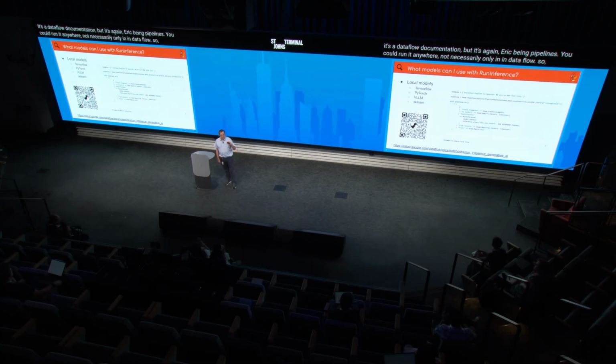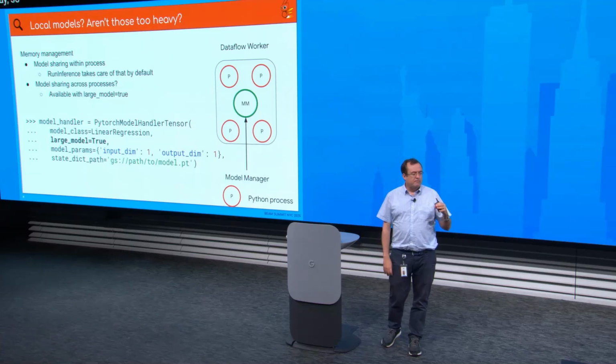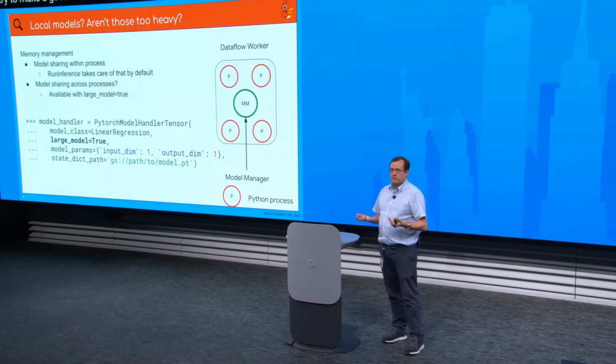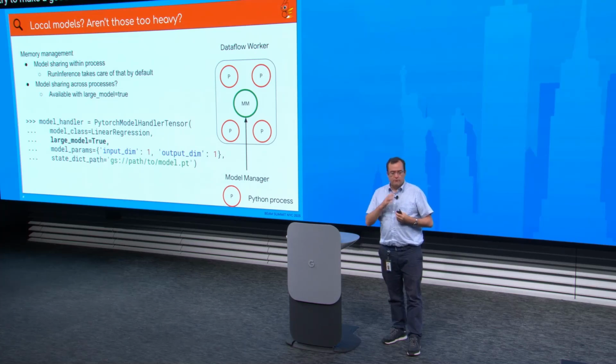So if you have tried running a local model in a streaming pipeline specifically, it's a total pain. A streaming pipeline will have a very high degree of parallelization to try to make good use of the resources in the cluster of workers that you're using.